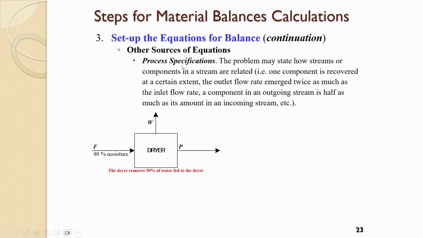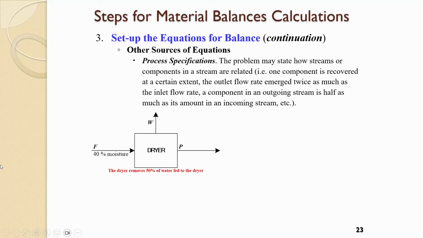All right. So, other sources of equations. Sometimes these are process specifications. The problem may state how streams or components in a stream are related. For example, one component is recovered to a certain extent. The outlet flow rate is twice as much as the inlet flow rate. The component in an outgoing stream is half as much as its amount in an incoming stream.